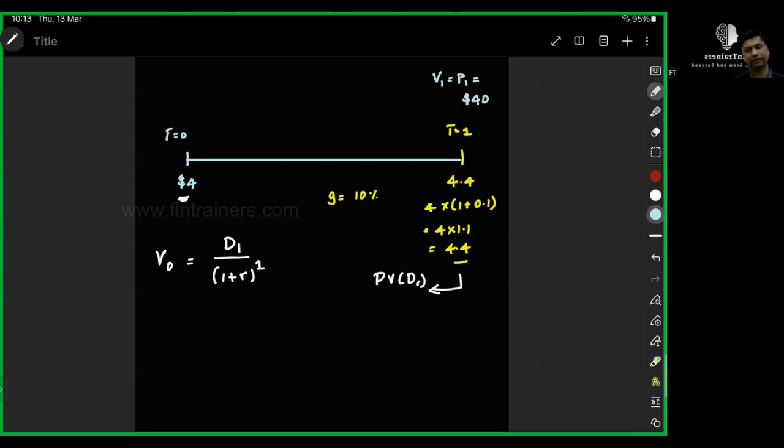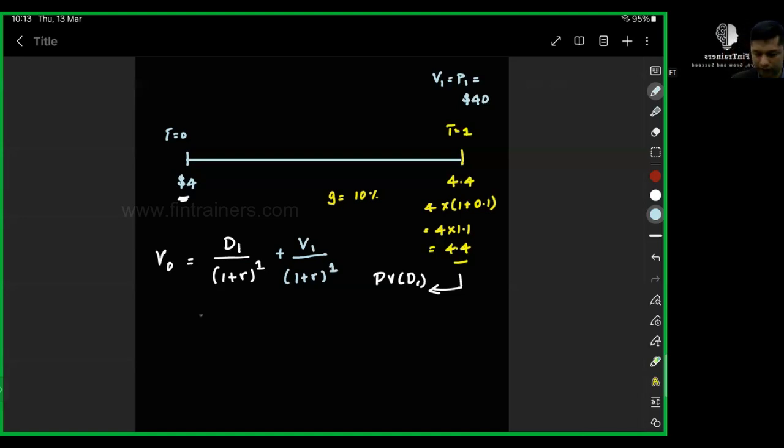Then you will also discount that share price to today's value. In reality, no one will tell you, but because we are just learning, I'm going to tell you the share price in 2026 March, and I'm also telling you the dividend growth rate. Then you can calculate the valuation today.